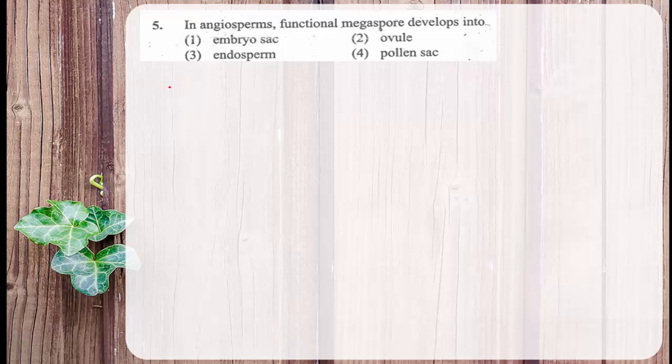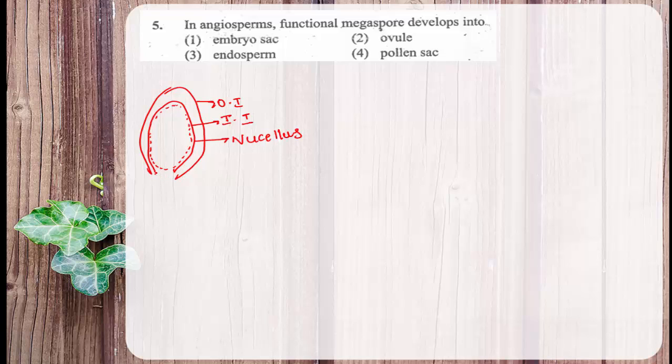So the ovule is covered or surrounded by two integuments. This is the outer integument, and this one is the inner integument, and below the inner integument there is a mass of nutritive tissue. This is called the nucellus.